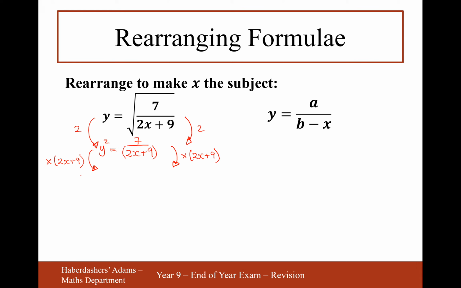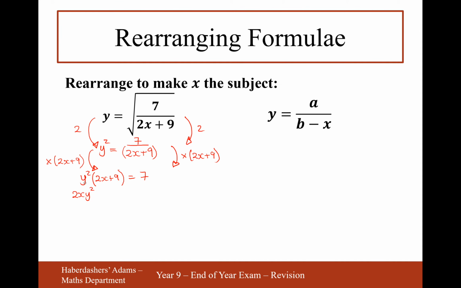So what am I going to get here? It's going to be y squared, and then all of 2x plus 9 in a bracket on the left hand side, and then just 7 on the right hand side. The next thing I'll do is expand the bracket, and it's going to give me 2xy squared. Now remember, when you expand brackets, it's always important you put the number first and then the letters in alphabetical order.